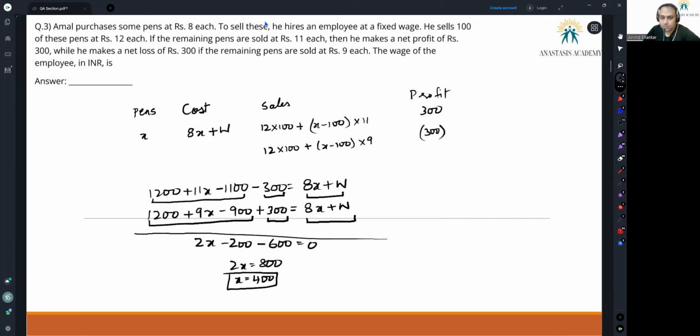If x is equal to 400, replace it in any of the equations, we will get our value of w. We have 1200 minus 1100, plus 11x, 4400, minus 300 is equal to 8 into 400, or 3200, plus w, or w will be equal to 1000.